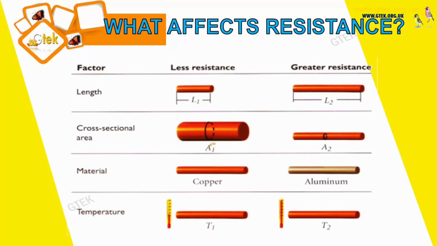In terms of cross-sectional area, you can see how less resistance and greater resistance have an impact. In terms of material, copper has less resistance and aluminium has greater resistance.